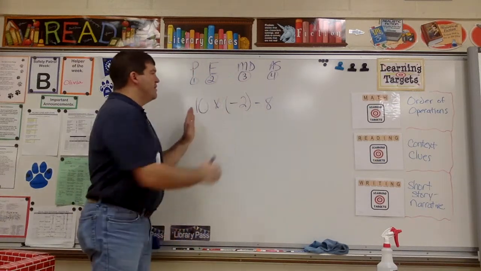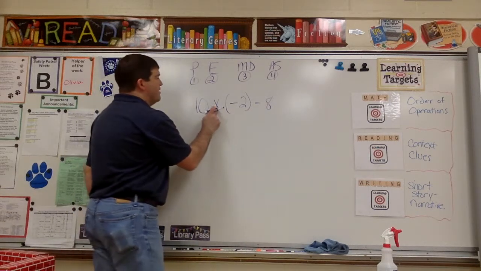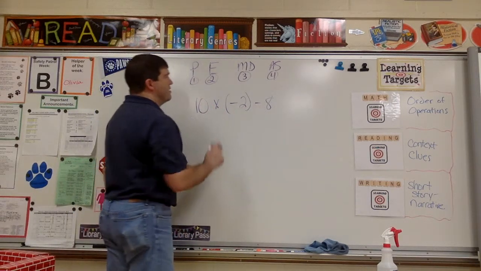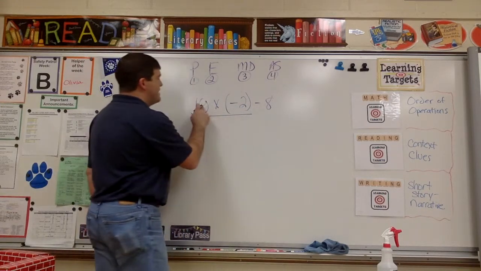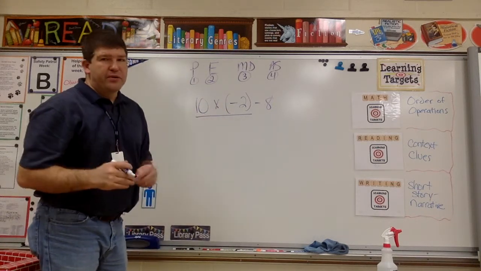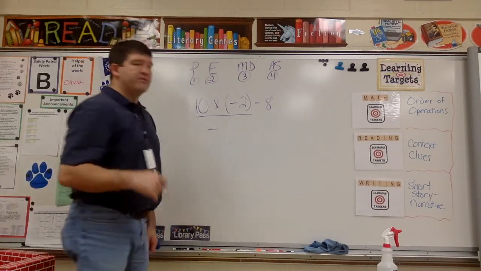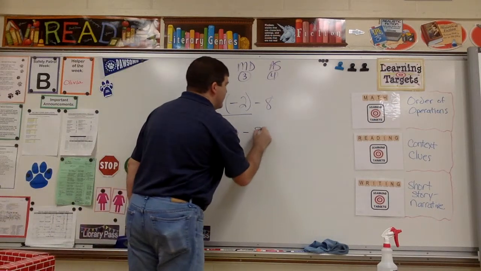You find the order and do the ones that are next to each other. So for example, here I have a multiplication and a subtraction. I know I do the multiplication first. So I have to do 10 times negative 2. Multiplying, they don't agree, so it's going to be negative. Now I just do 10 times 2 is 20, minus 8.